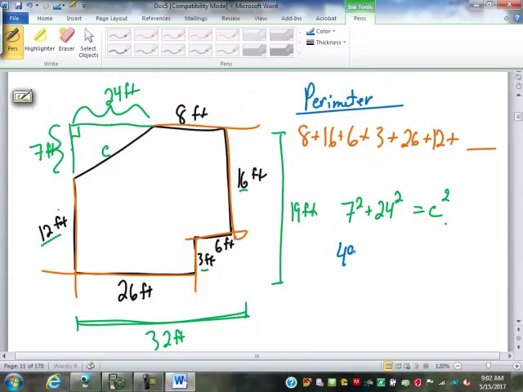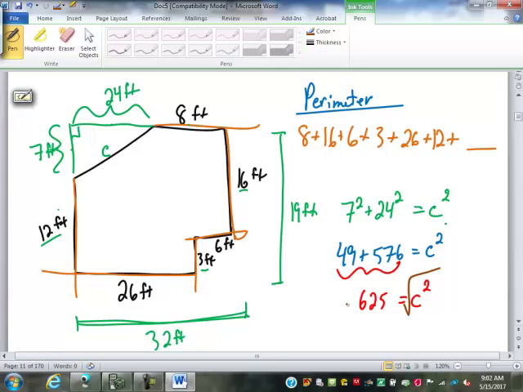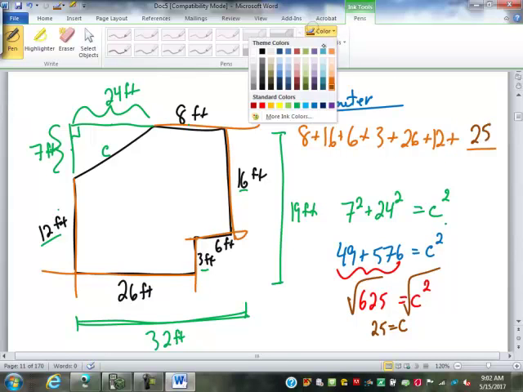7 squared is 49. 24 squared is 576. Those two add up to be 625. And we square root that. 25 equals C. So this is 25 that goes in here.